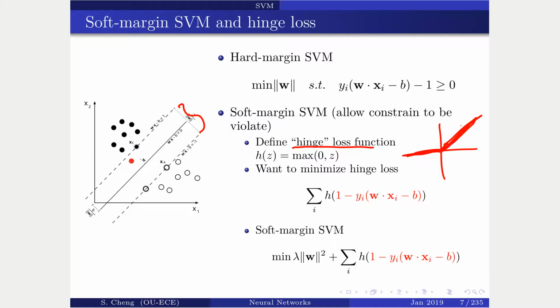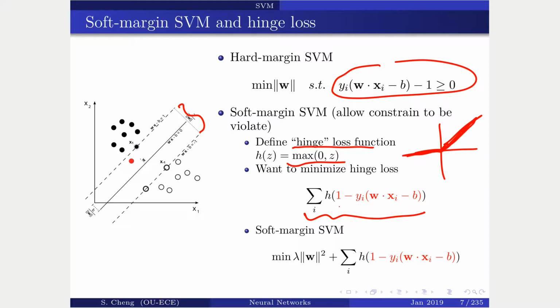Basically, if the value is less than 0, then it's equal to 0. It's something you typically combine with some loss. If the value I'm interested in is negative, then I just say no loss. If it's positive, then the loss is exactly equal to that value. So with the hinge loss, instead of putting a hard constraint here, I'll just try to minimize this hinge loss function.